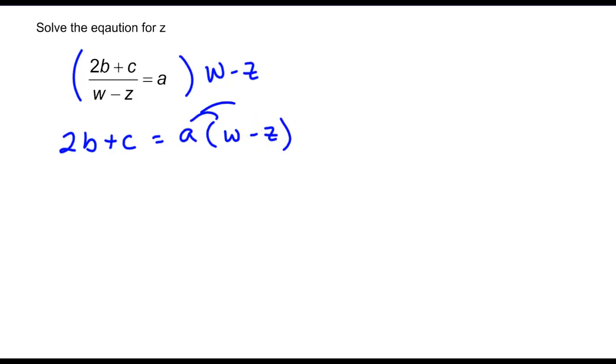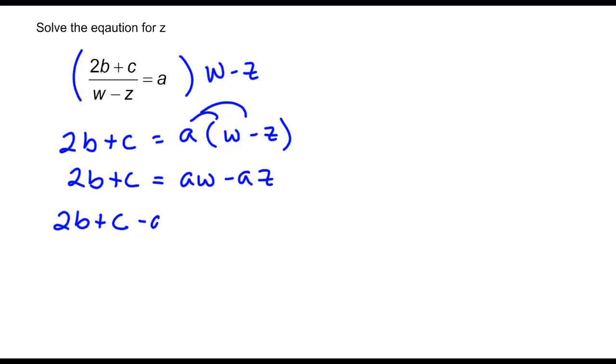I'll distribute the a in, getting 2b plus c is equal to aw minus az. Subtract aw from both sides, 2b plus c minus aw is equal to negative az. And I want to isolate once again my z term.